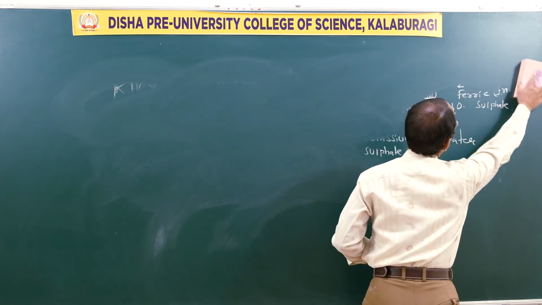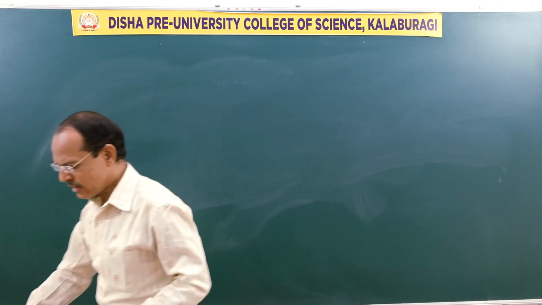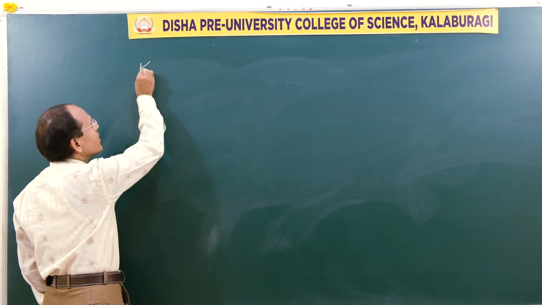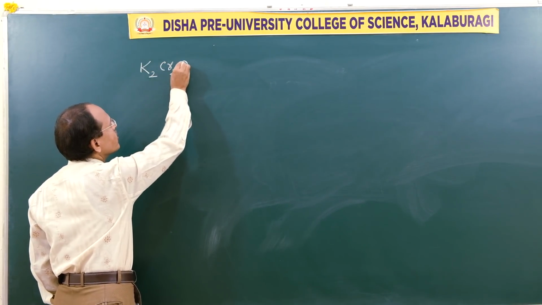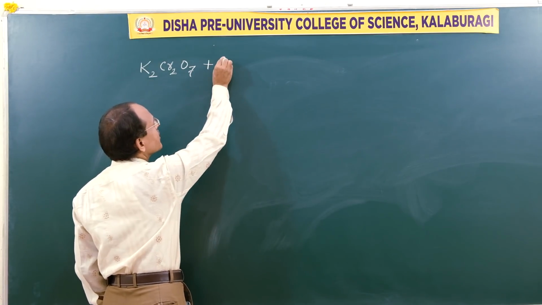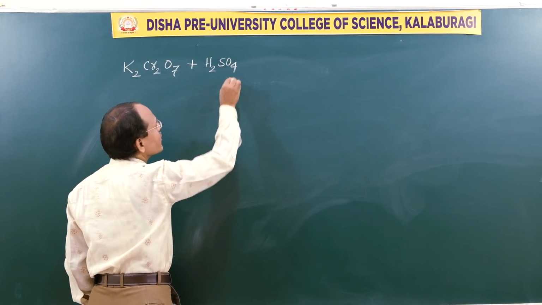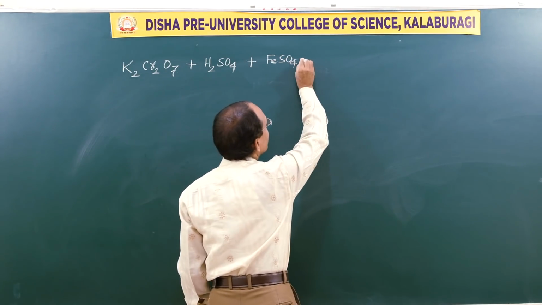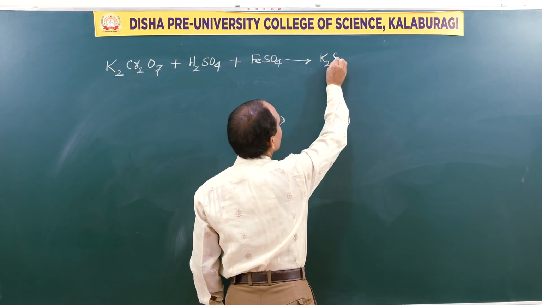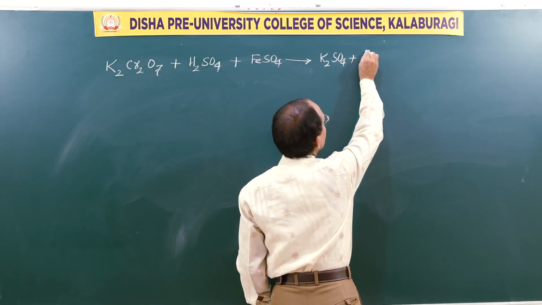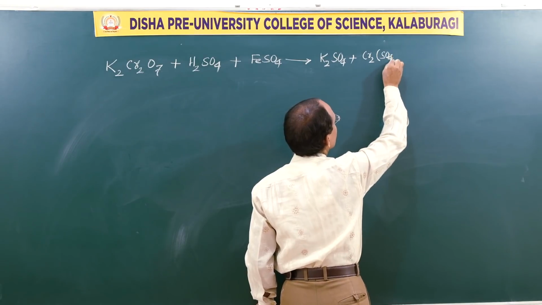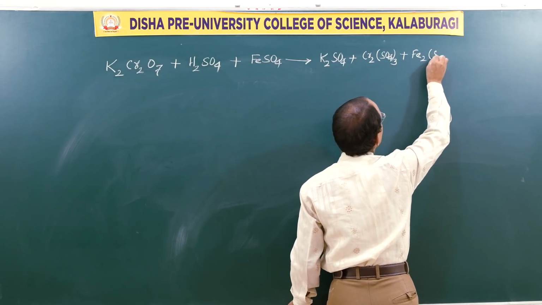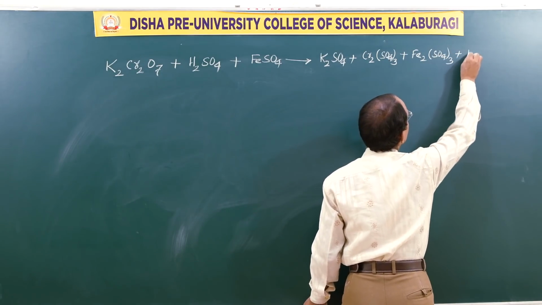Now I will write the equation once again and then we will see how to balance it. K2Cr2O7 plus H2SO4 plus FeSO4 gives rise to K2SO4 plus Cr2(SO4)3 plus Fe2(SO4)3 plus H2O.